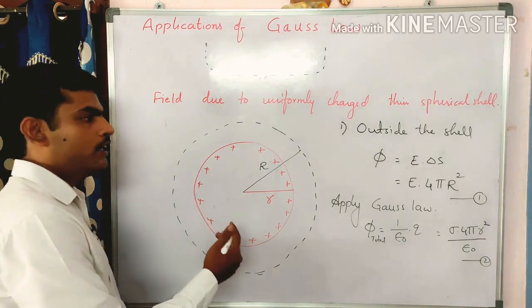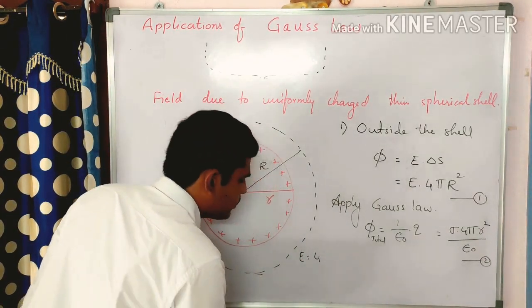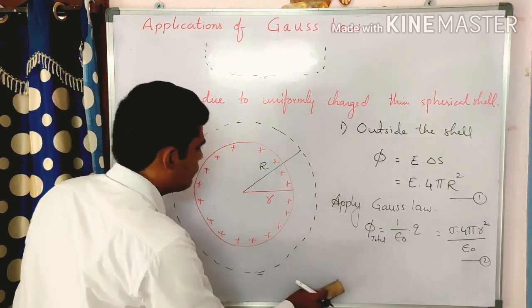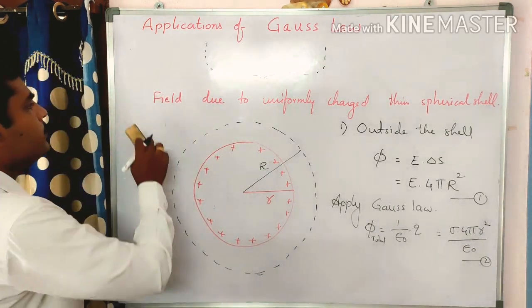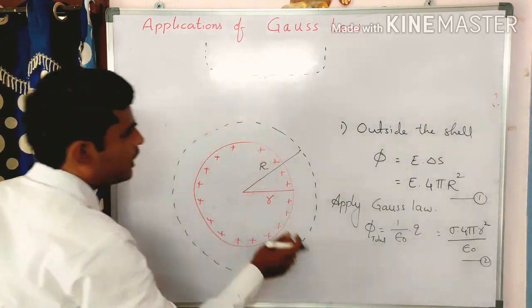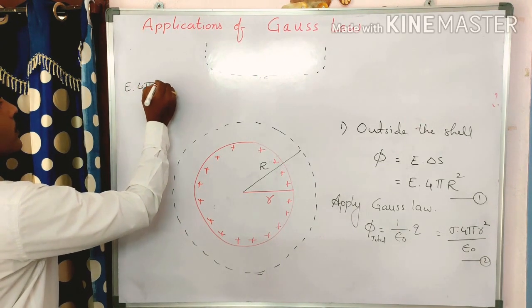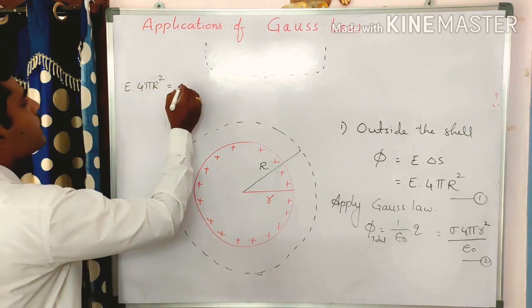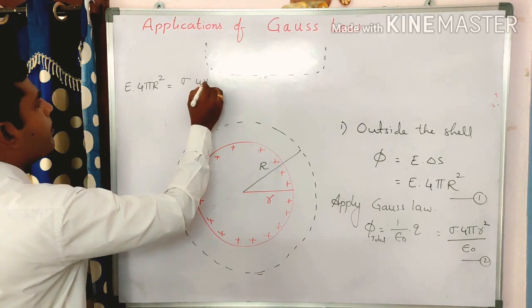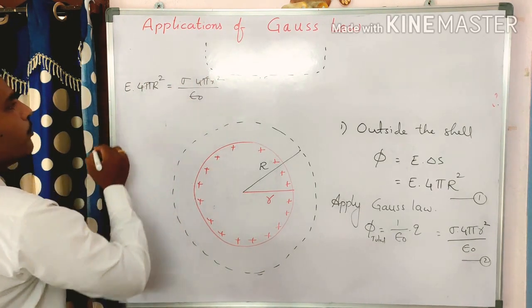Now again the same thing, E into 4 pi r square. I will write here: E 4 pi r square is equal to sigma 4 pi r square by epsilon naught. The 4 pi cancels.